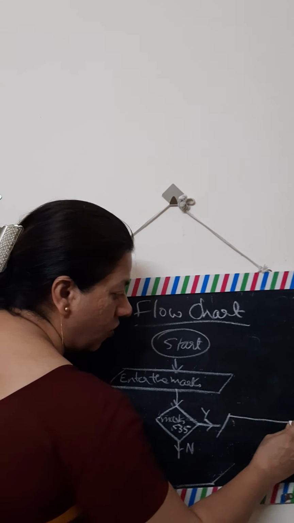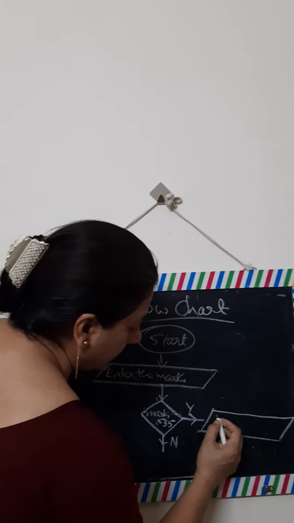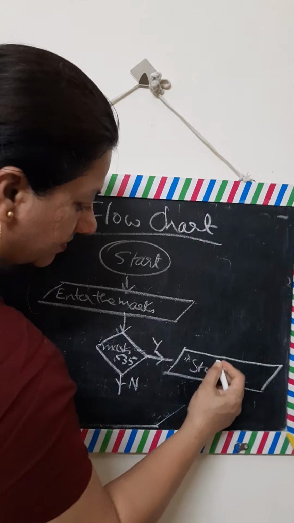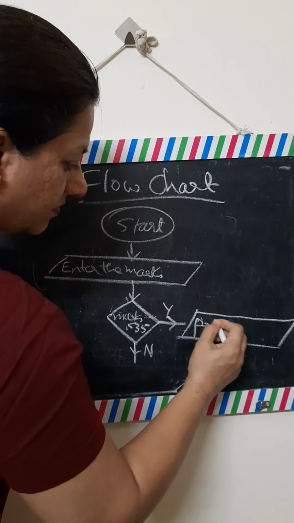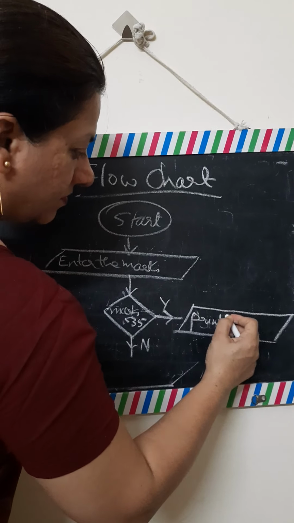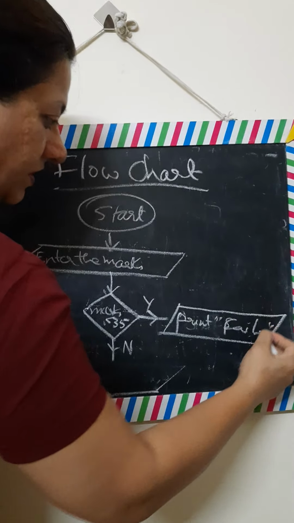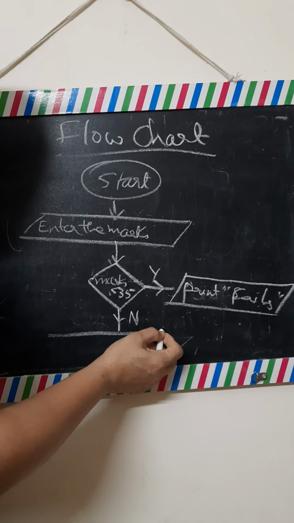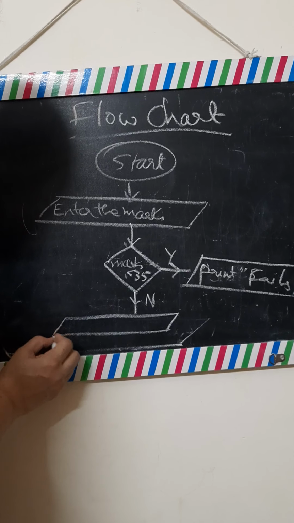So take an output box and say student failed. Print, or just I'll say fails. I don't have space. Fails. If it is no, then you know the answer again. Print passed.